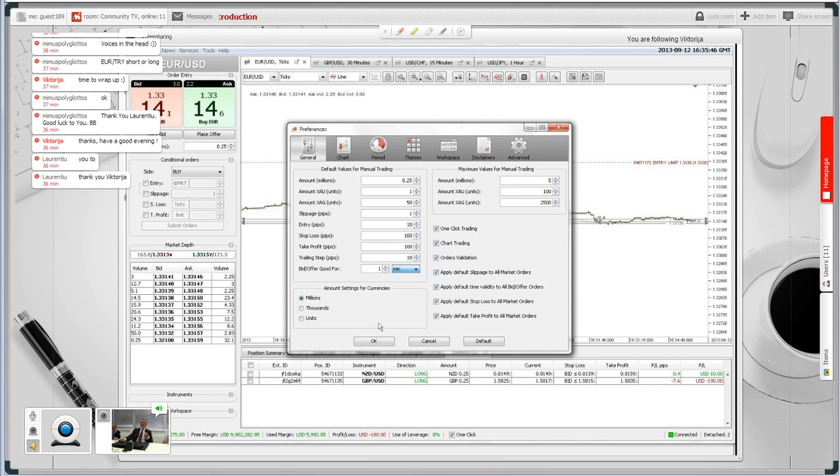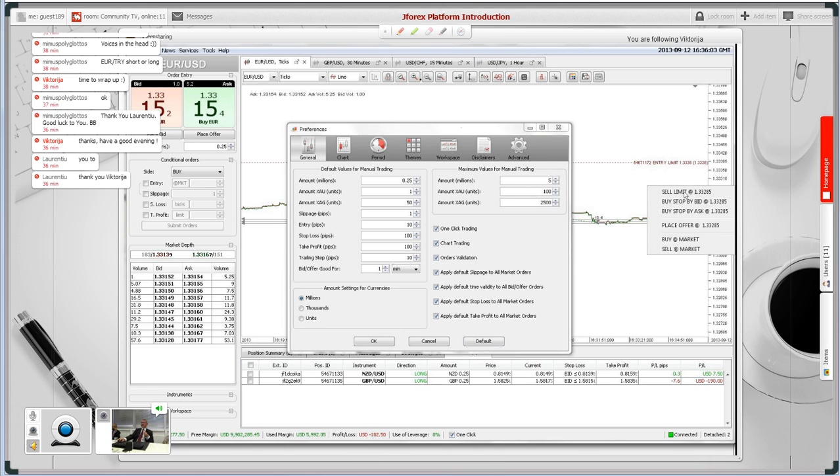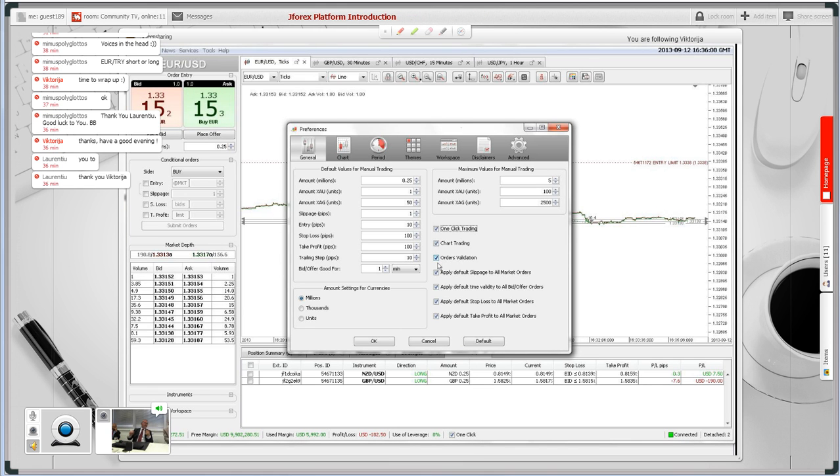One-click trading, this is exactly the same choice as the one here. So according to the preferences, according to the platform, you can decide the one you want. Chart trading, this is what enables you to make a right click and to trade. Orders validation, that's you start an order and you wait for whatever reason and the market moves.